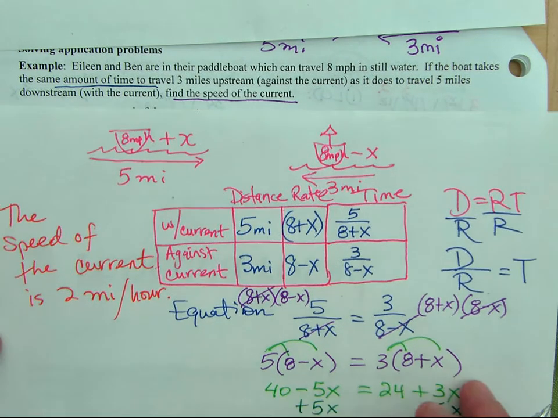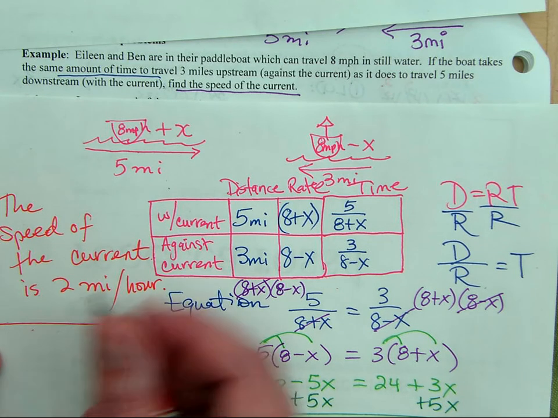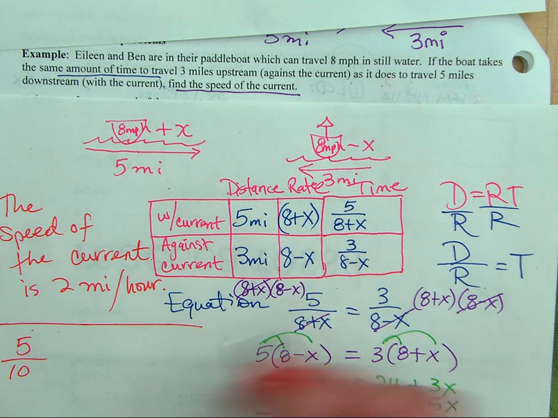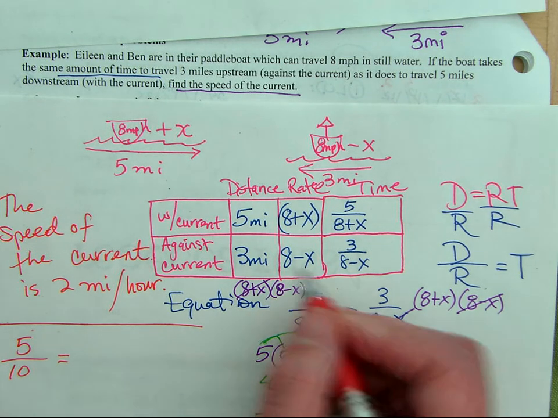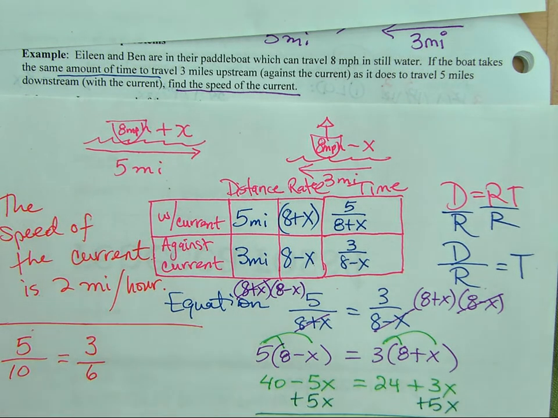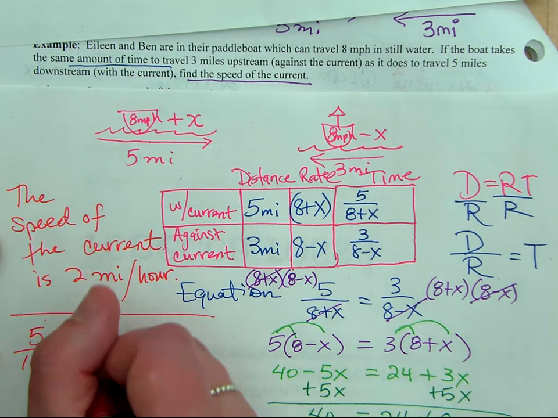And we could also check this, right? So if we go back, we could say, okay, if I have a distance of 5 miles and the rate is 8 plus 2, which is 10, is that going to be equal to 3 miles at 8 minus 2, which is 6? Are 5 tenths and 3 sixths equal to each other?